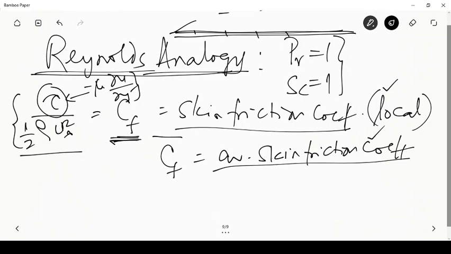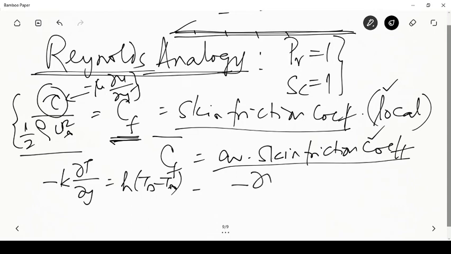In the same fashion, the heat transfer is given by minus k del T by del y, which is also equal to h into Ts minus T infinity. Okay, and so the normalized form of this would be, if I write minus del T by del y with the Ts minus T infinity on this side, because we are writing actually for theta, it will become minus del theta by del y.